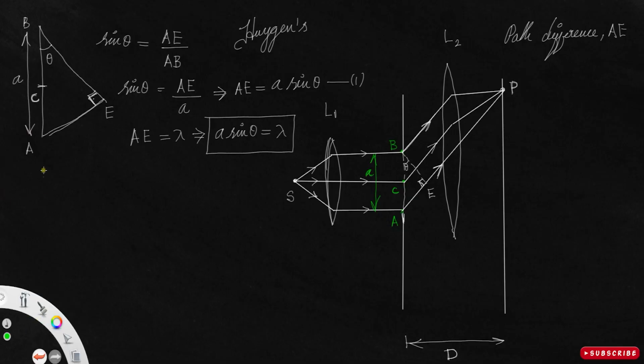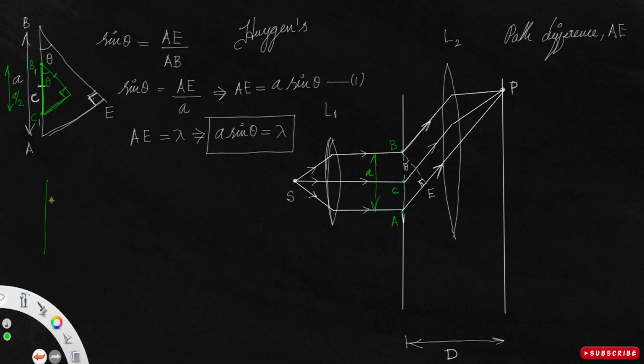I took a point, let's say B1 here, and at a distance of a by 2, I took a point C1 here. That means this length B1C1 is a by 2. This whole length is a. Let me draw that again here. Before that, if I draw parallels to AE and BE, I'll get a triangle. This one is 90 degrees. If this is theta, since this is parallel to this one, this also is theta.